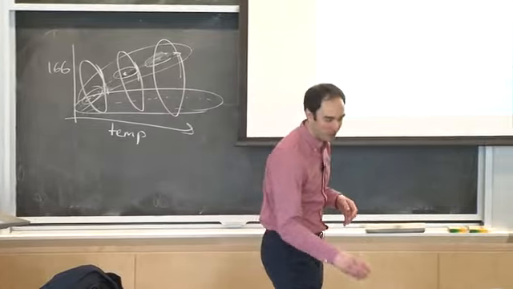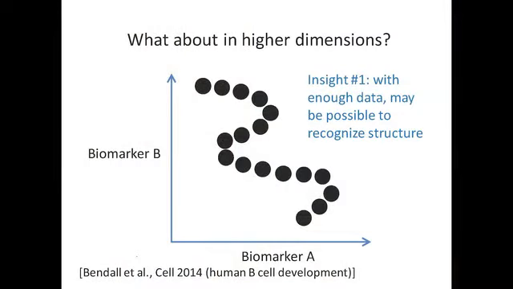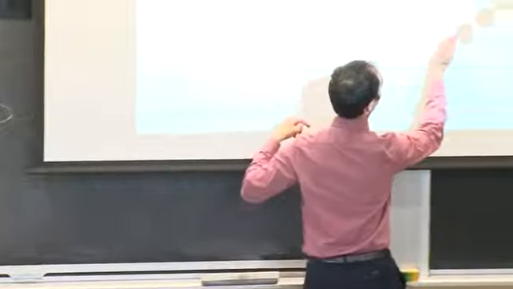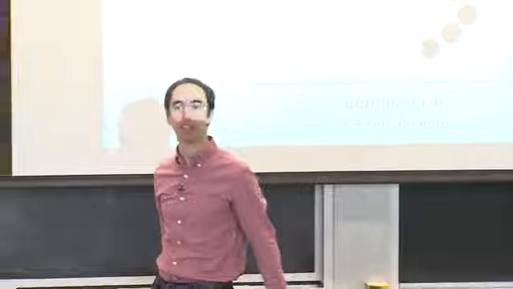So for example, one way of getting lucky would be to have a real lot of data. So if you had a ton of data, and you made an additional assumption that your data lives on some low-dimensional manifold, where on one side of the manifold is early disease and the other side of the manifold is late disease, then you might be able to discover that manifold from this data, and you might conjecture that the manifold is something like that, that trajectory that I'm outlining there with my hand.